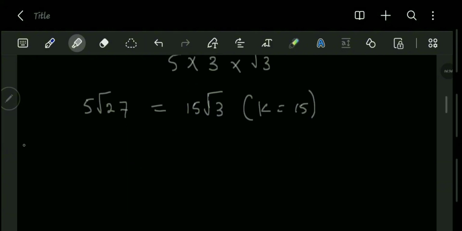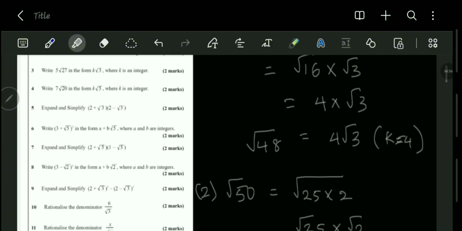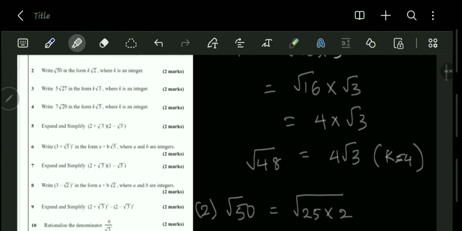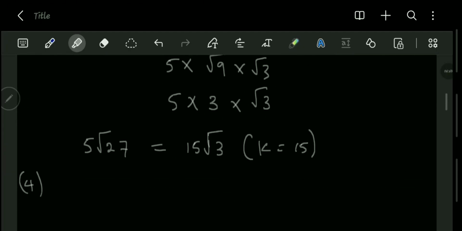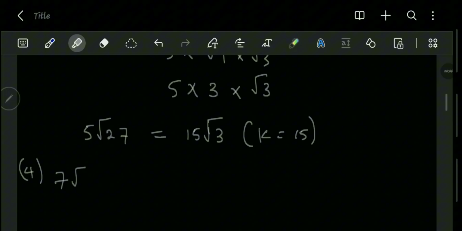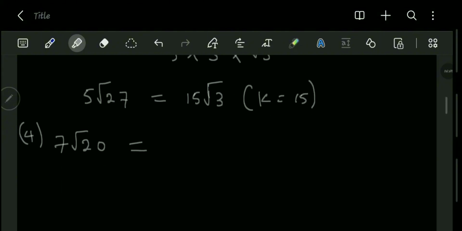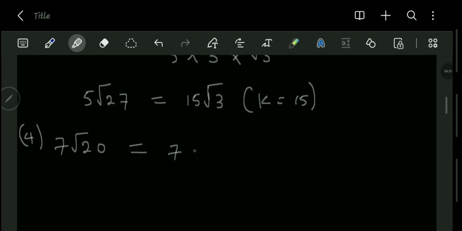Are you seeing that? And for question 4, I'm asked to write 7 surd 20 in the form of k surd 5, just like this question, right? So if I separate this, this is going to be 7 times surd 4 times 5, right?